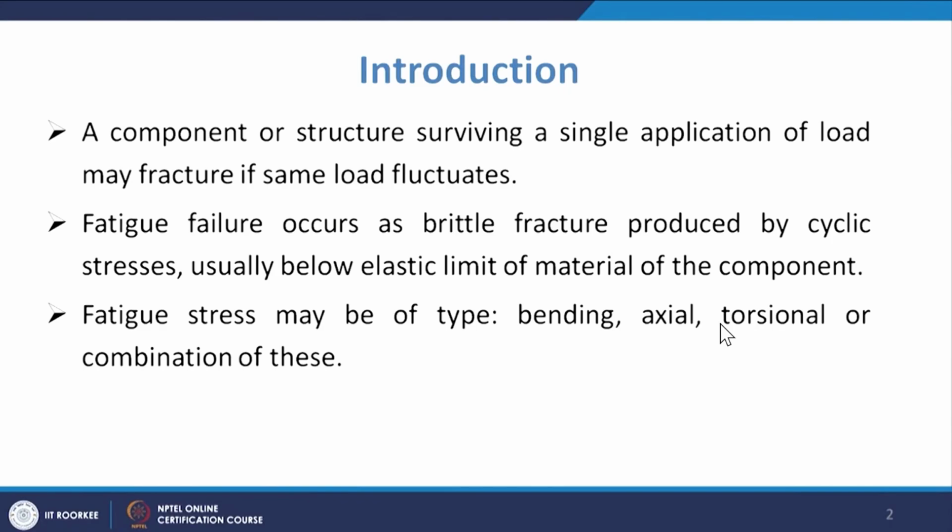The fatigue failure occurs as a brittle fracture produced by cyclic stresses, usually below the elastic limit of the material of the component. The fatigue stress may be of type bending, axial, torsional, and a combination of those.